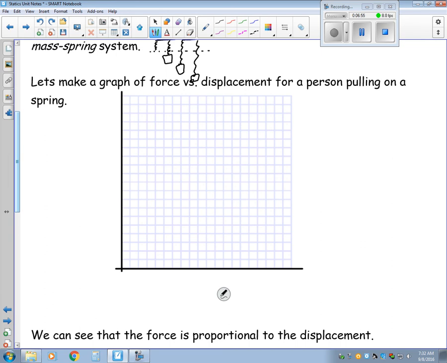Now, I found some data online, and basically the forces were measured in newtons and the displacements in meters. There was a lot of data. As you might imagine, if the force is 0, then the displacement is 0.